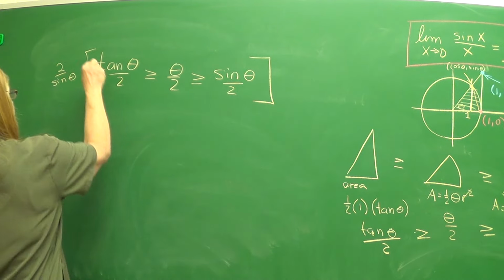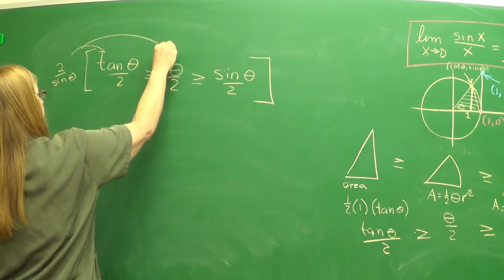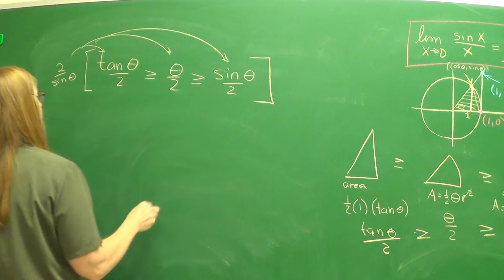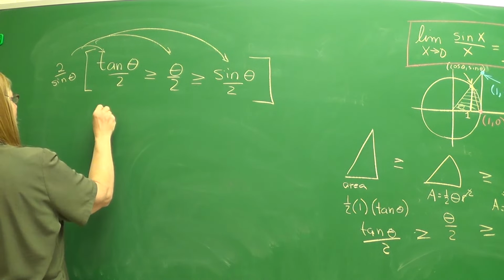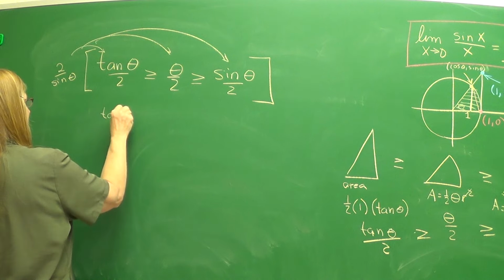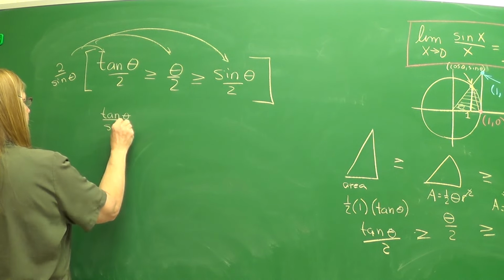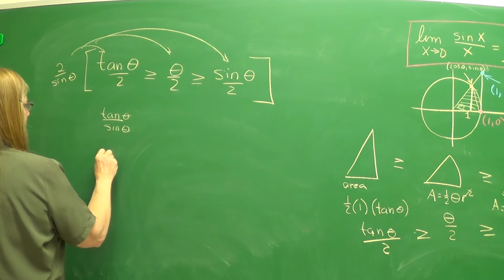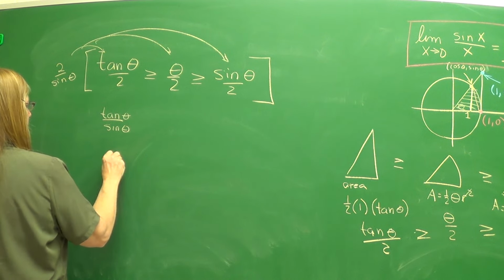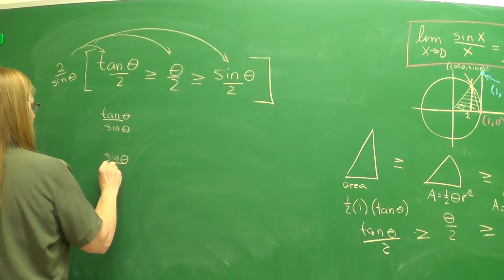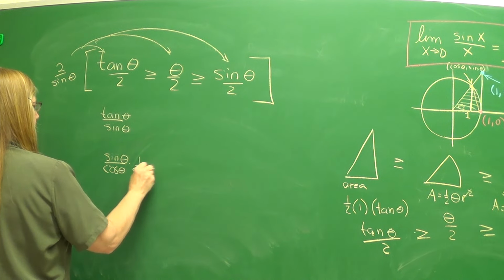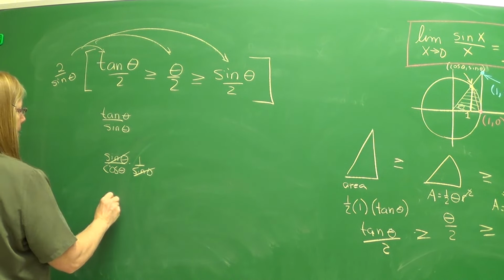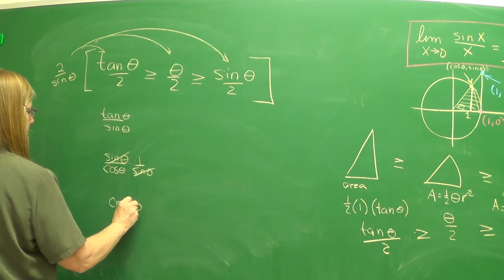Multiplying this through, the 2's cancel, and I get tangent theta over sine theta. But tangent is sine over cosine, and sine is on the bottom, so all that leaves is a cosine.